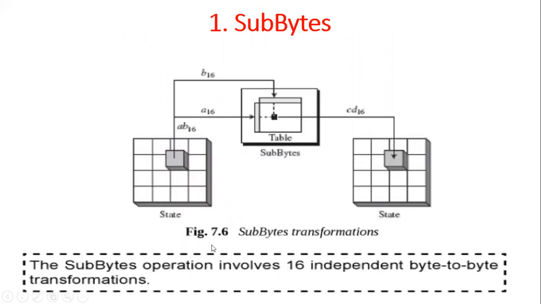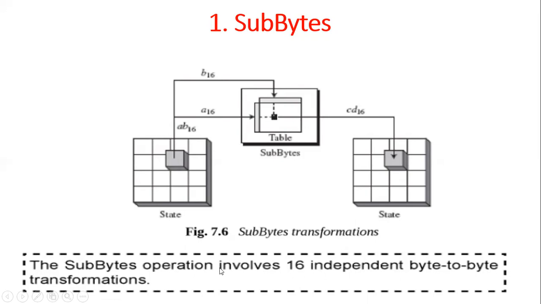First is SubBytes. This is a state before SubBytes, and this is a state after SubBytes. In SubBytes, we have a lookup table, and we match the element's row and column of that particular cell with the lookup table, and based on the value in the lookup table, we substitute that value in the resultant table.